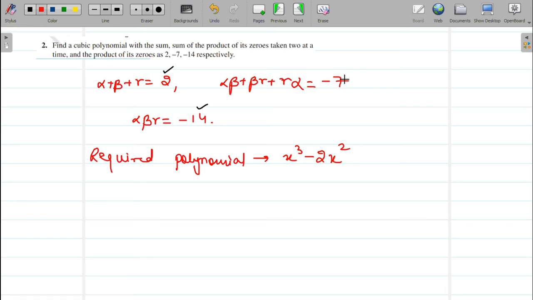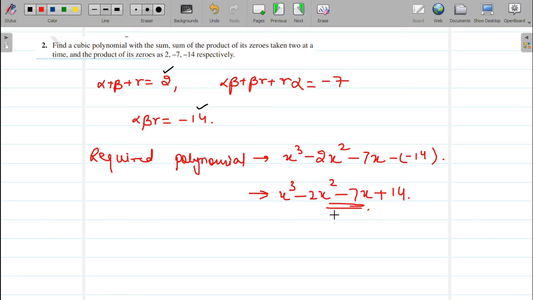Then there was no added negative sign here, it was just c by a, so I enter the value as minus 7x. Then here I added one more negative sign, the relationship is minus d upon a. So we accommodate that extra negative sign, so minus of minus 14. So my required polynomial should be x cube minus 2x square minus 7x plus 14.